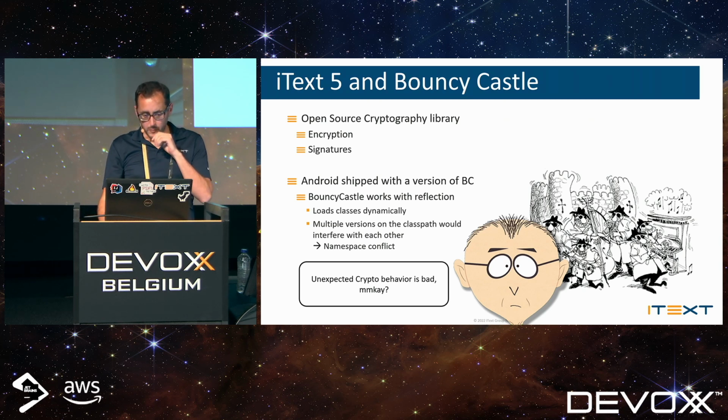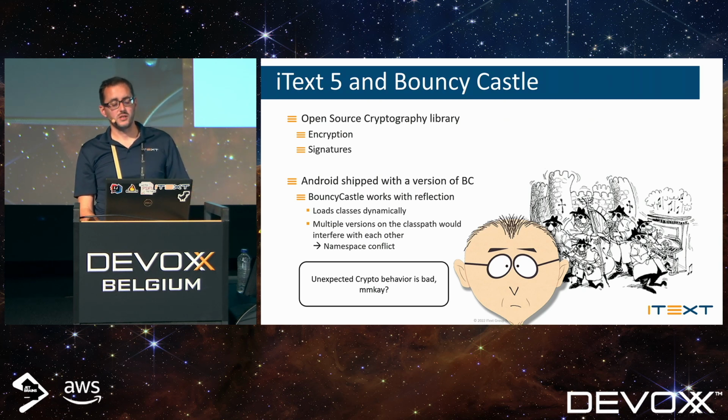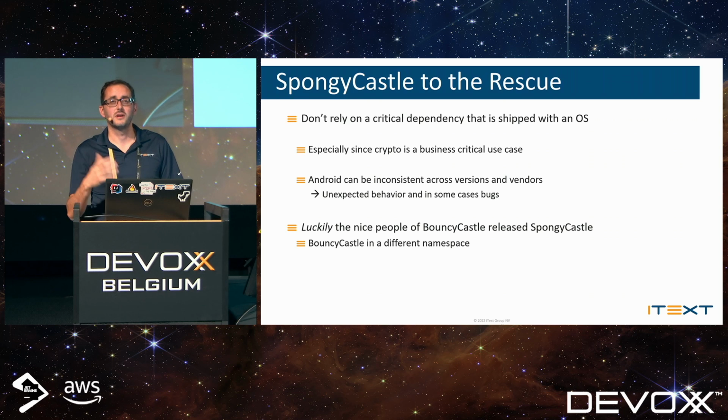So how did we solve this? We solved this in a straightforward way, because we didn't do that much. The guys and girls at Bouncy Castle figured out that they also had customers that ran into the same issues. So they released SpongyCastle. SpongyCastle is basically the same thing, just in a different namespace and with a different name attached to it.